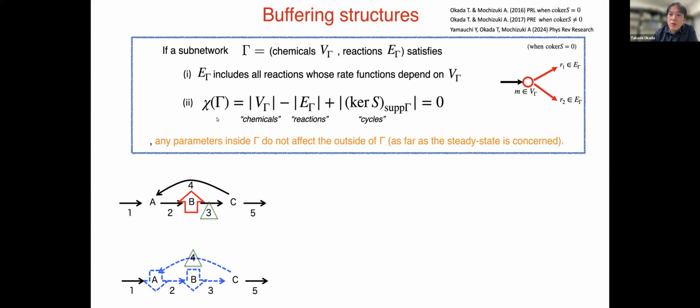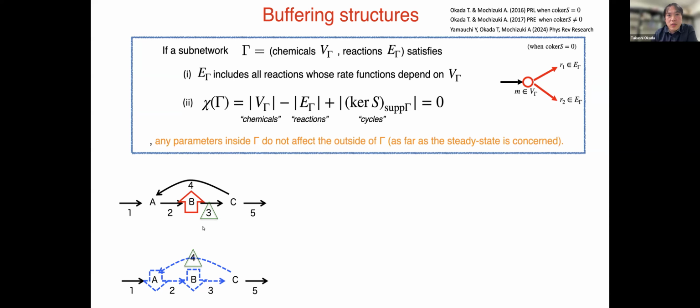Let's suppose that this index is equal to 0. We call such a subnetwork a buffering structure because for such a subnetwork gamma, we can show that any parameters inside gamma do not affect the outside concentrations of gamma or outside reaction rates of gamma. In some sense, such a subnetwork can confine the effect of the perturbation inside it.